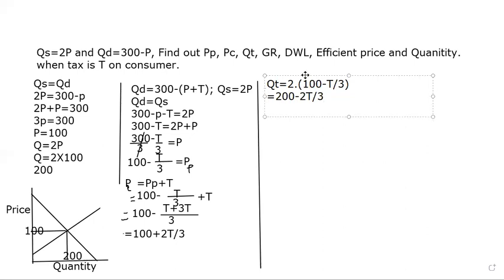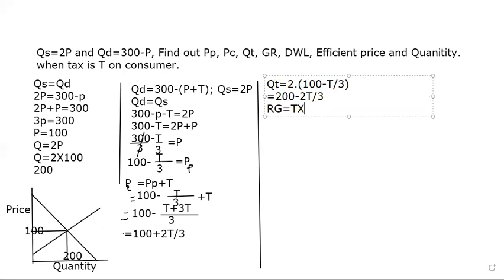So government revenue equal to quantity of tax per unit. Sorry, the quantity of a product you are selling, including tax.